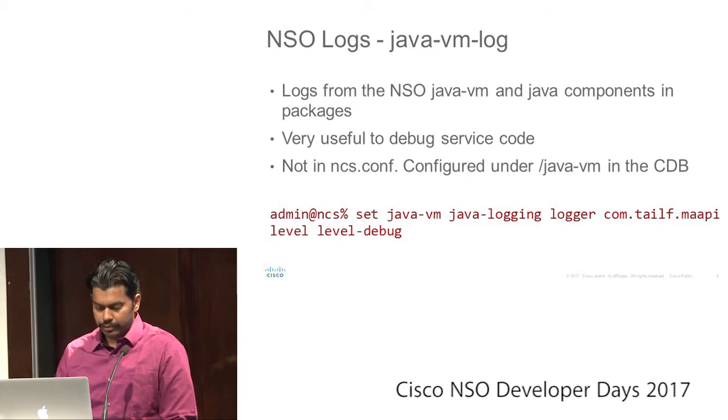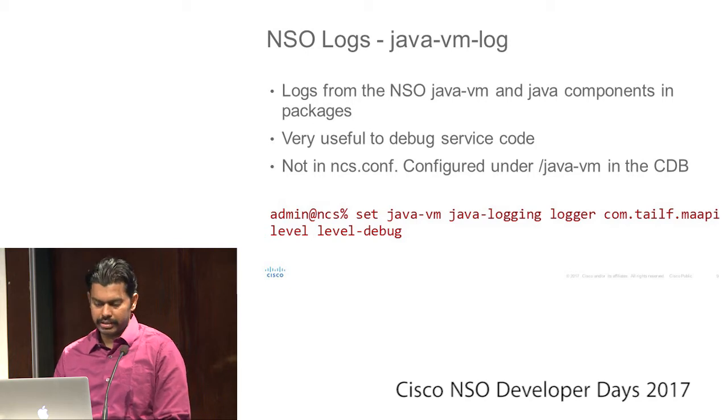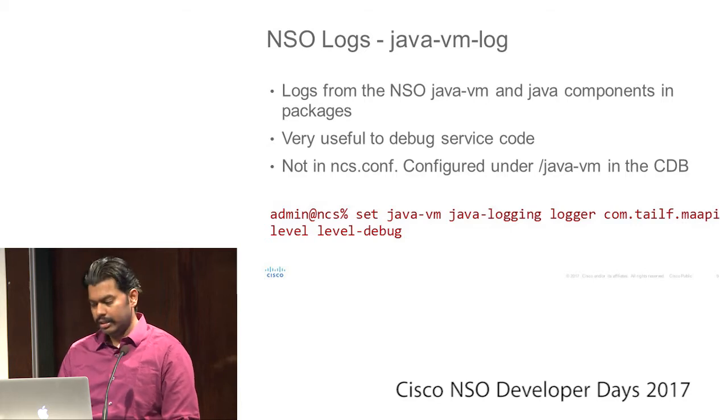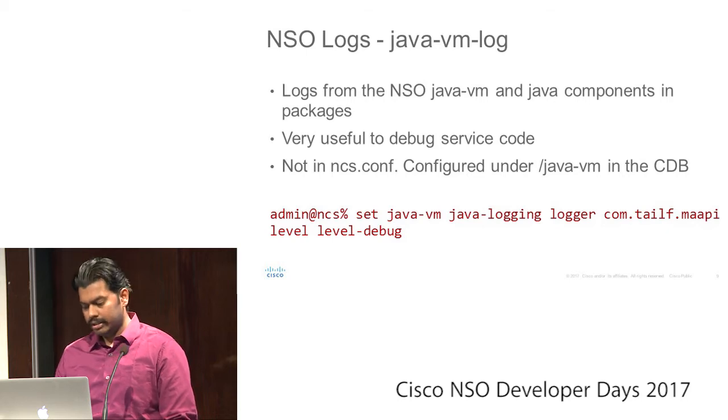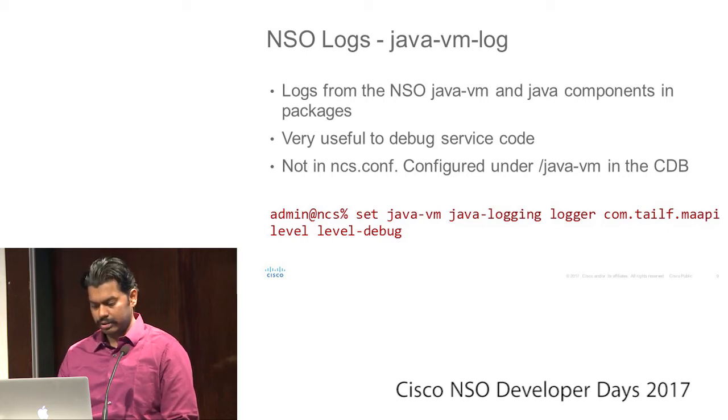And of course, it's very useful to debug issues with your Java code in your packages. And when you don't know what exactly is happening, it's also useful to log the internal methods of the NSO Java API, like com.tailf.maapi, or if you use navu, com.tailf.navu, and so on.